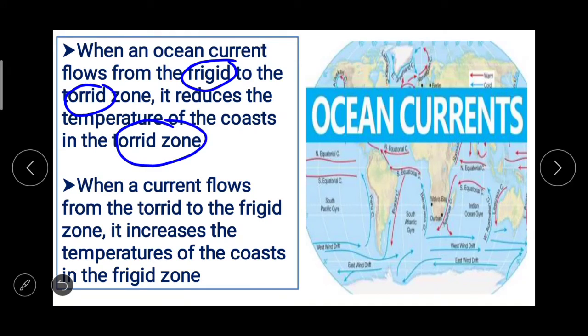And now when a current flows from the torrid to the frigid zone, it increases the temperatures of the coasts in the frigid zone. So this is the difference which you have to understand about the ocean currents.